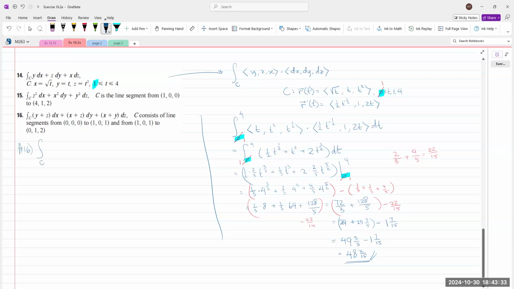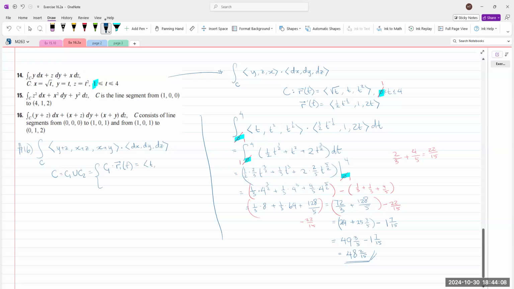Okay, number 16, the last one. The integral over curve C of, let me rewrite it right away, (y plus z, x plus z, x plus y) dot (dx, dy, dz), where C consists of two paths. C1 is the line segment, call that r1(t), from (0, 0, 0) to (1, 0, 1).